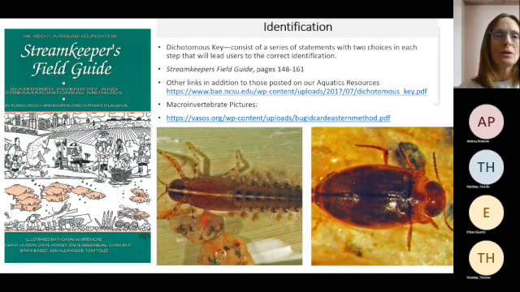And then this link is the online version of that dichotomous key from the Streamkeepers Field Guide. And again, Andrea will be sending out a document with all the links that I've posted in my presentation. And then this last one is macroinvertebrate pictures. I just found it looking online.